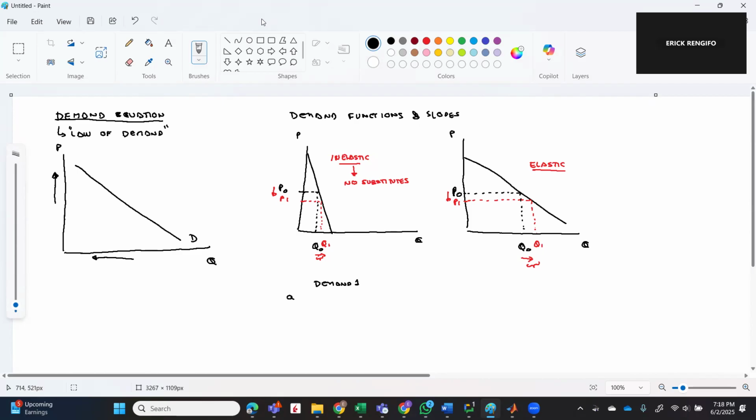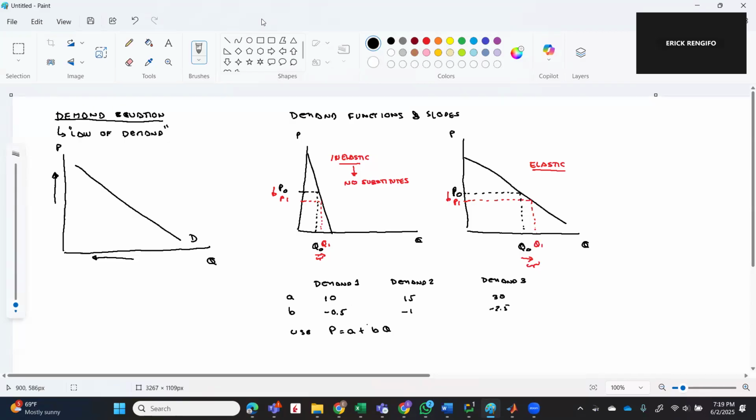Demand one, my A and B. Let's assume that my y-intercept for demand one is 10, and the slope is minus 0.5. Let's do demand two. Let's assume that this is 15 and minus 1. And let's assume demand three is basically 30 and minus 2.5. Okay, and I want you to use the generic formula P equals A plus B Q, quantities.